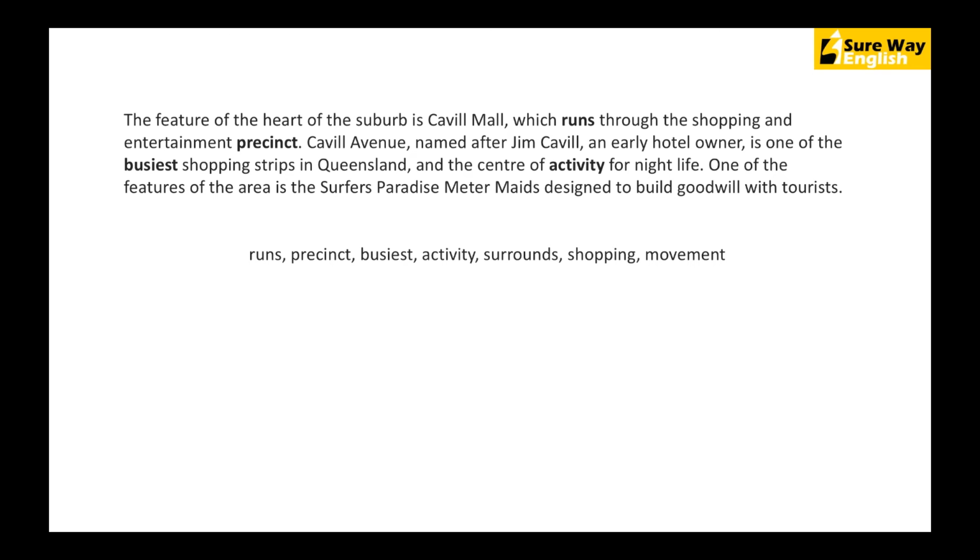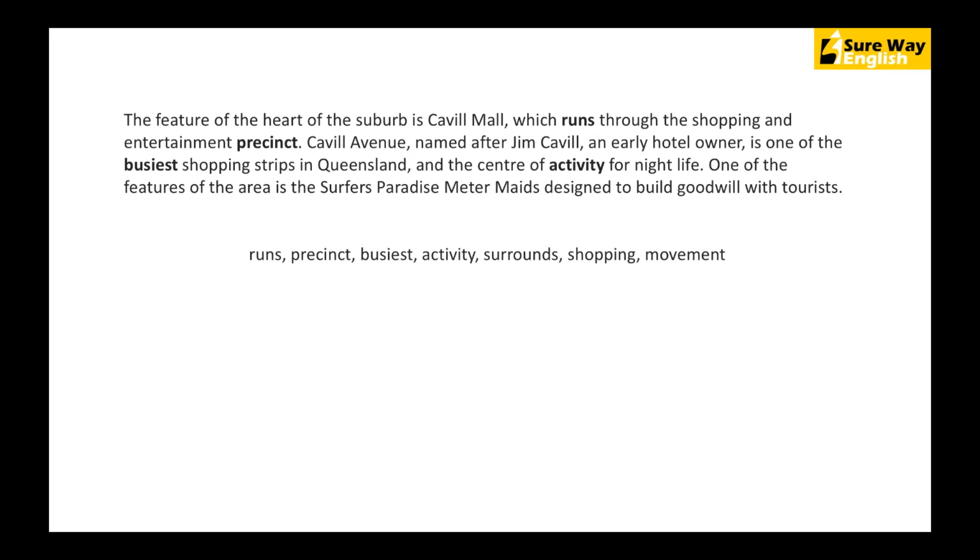What you have to ask yourself at each blank is which of these given words makes most sense. So, for example, in the first one, the feature of the heart of the suburb is Kebble Mall, which blank through. Which word will make the best sense with the words before it and the words after it?